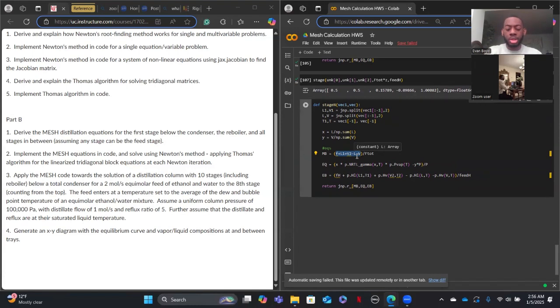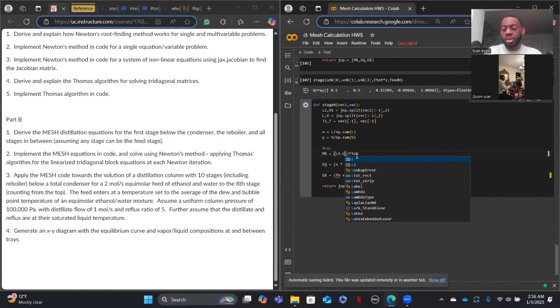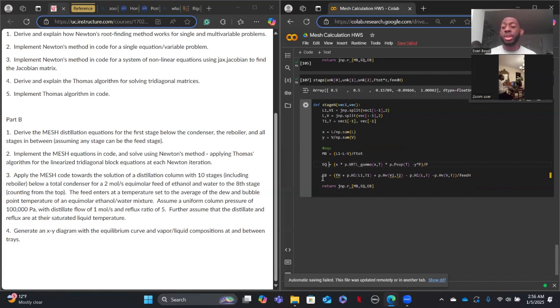For our mass balance now, this would just be the feed coming in from the stage above, so L1, minus our liquid leaving and our vapor leaving from the current stage. And then for our enthalpy balance, it will actually be different. We'll need to do another mass balance here instead of another enthalpy balance.